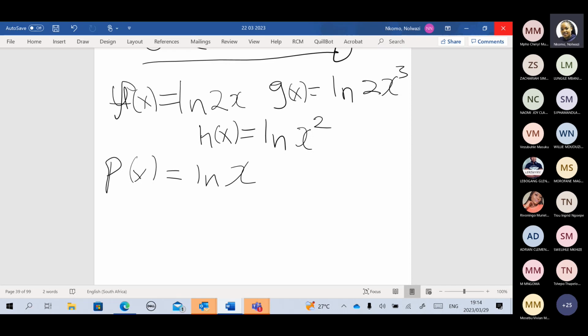You see, the only function that is different here is p at x, because this function has ln x as the inner function, which is just x, right? Okay, let me just say these 4 functions, they are all the same.